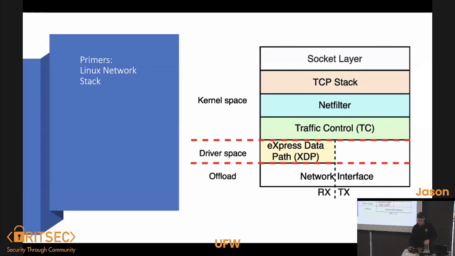Another little primer on the Linux network stack. I'm going to do my best to make it pretty simple. Take all of this and call it one thing, the wire. Traffic comes in off the wire and gets picked up by the kernel, where most Linux implementations use netfilter for their networking kernel module. Then it's parsed through the TCP stack and sent into user space, where we'll see it.